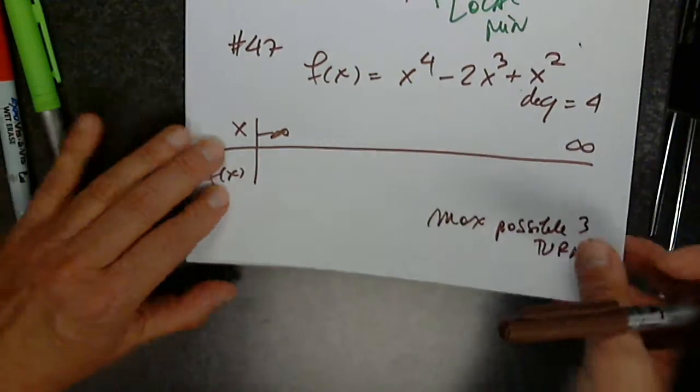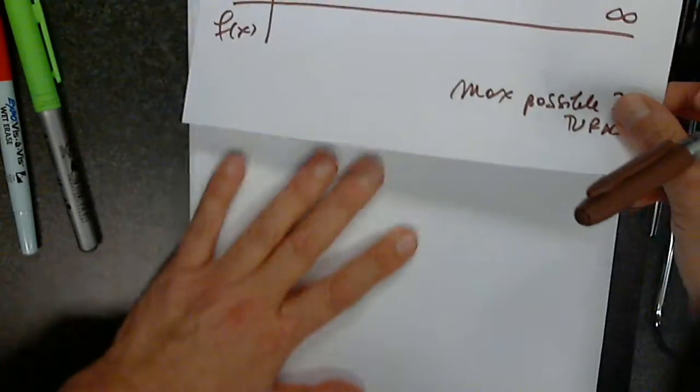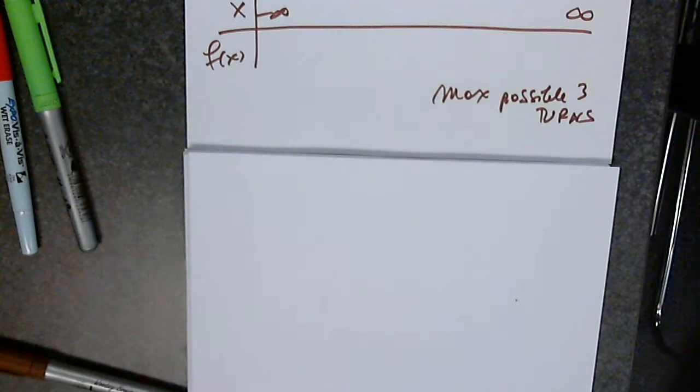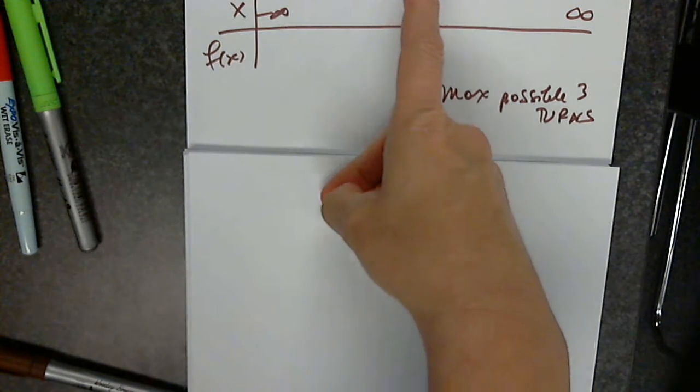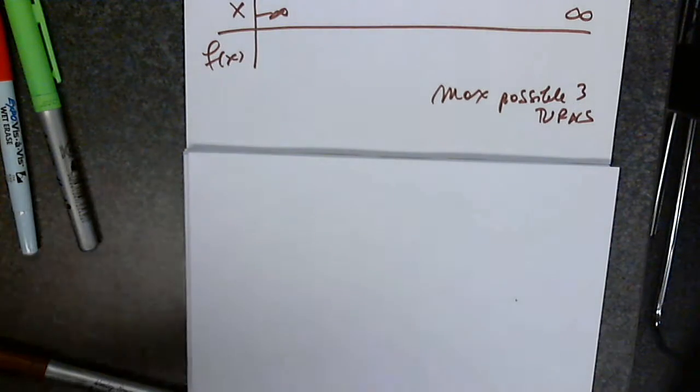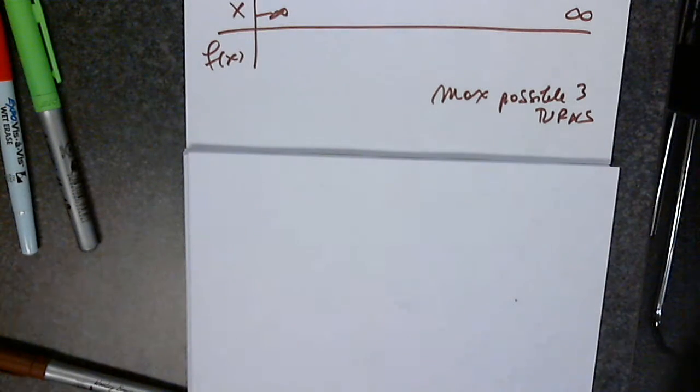Okay. Let's start with the end behavior. As you notice, I put everything in my chart and I use the chart to graph the function. Since this is similar to x squared, it can look like this with something else in the middle. It can look like this, or it can look like this. Which one is it? And how do I know?